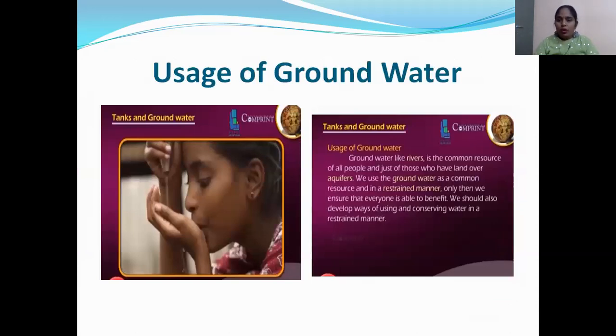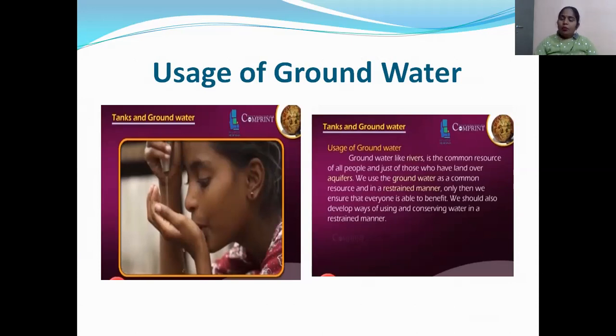Now, usage of groundwater. Groundwater, like a river, is a common source for all people, not just for those who have land over the aquifer. We use groundwater as a common resource and in a restrained manner. Only then do we ensure that everyone is able to benefit. We should also develop ways of using and conserving water in a restrained manner.